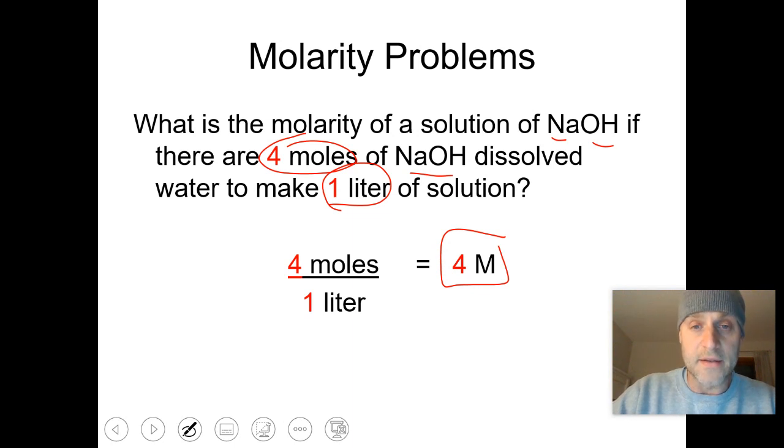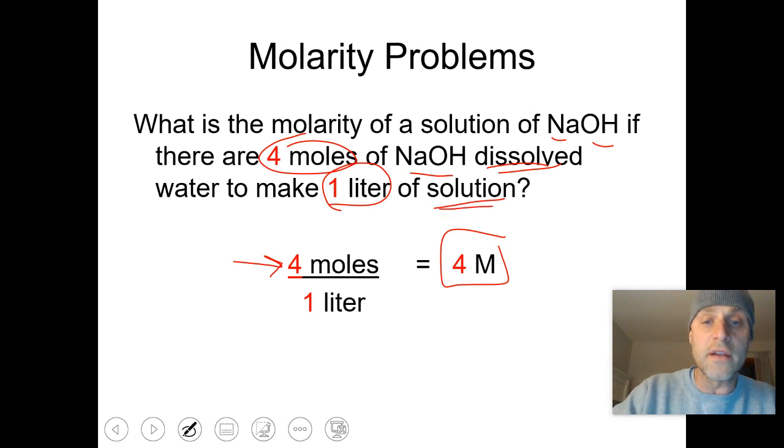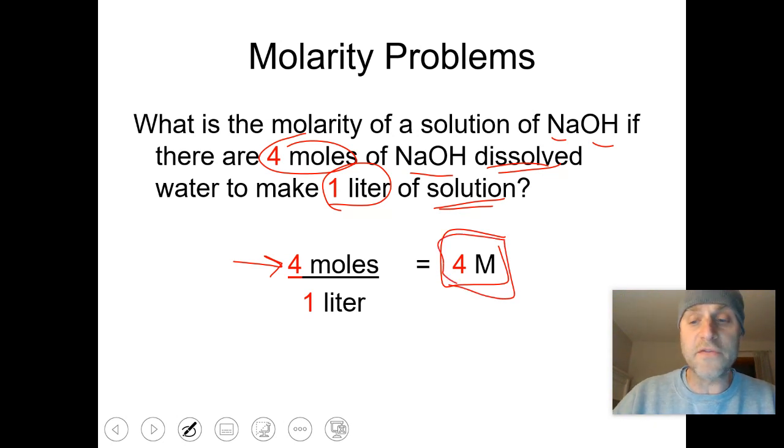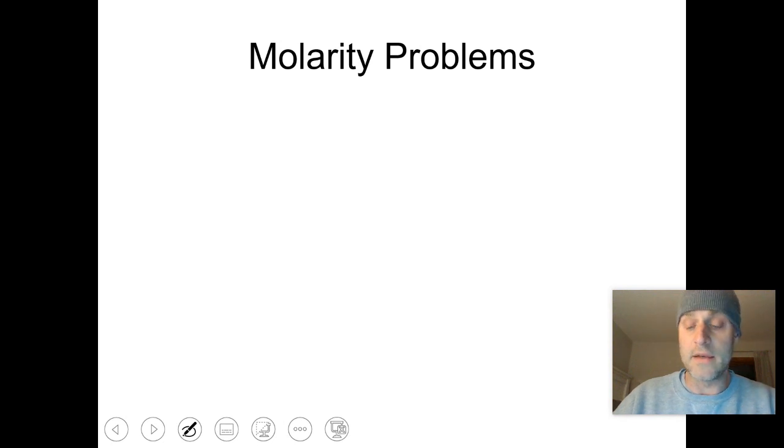That's it. The molarity is how much of the dissolved, and dissolved, remember, is the solute, over how much of the solution. Now, they're not always that easy, but that's it, okay?